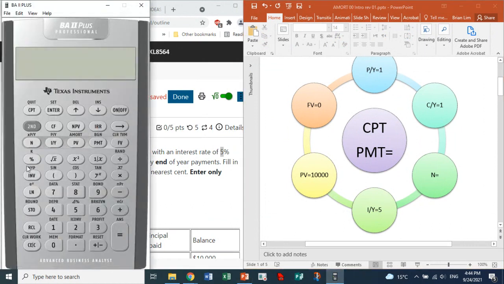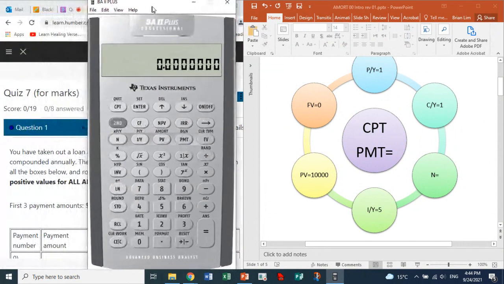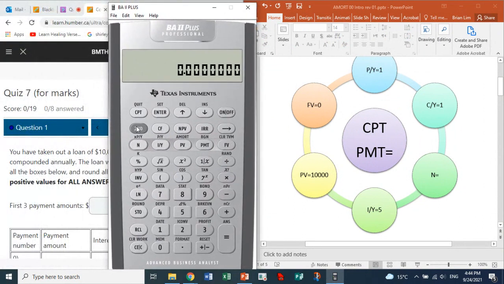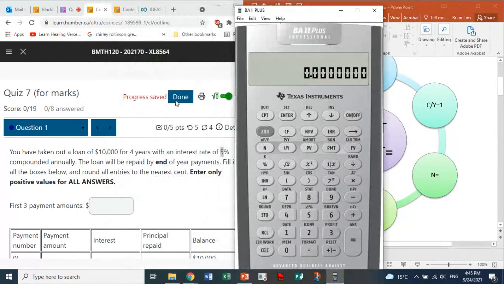Okay, let's go to the calculator. So we turn it on, maybe get it a little bit closer so we can block out the interference. Second IY, PY is 1, enter, and that will enter for CY also. We get out of there, and this loan is to be paid back in 4 years, correct?